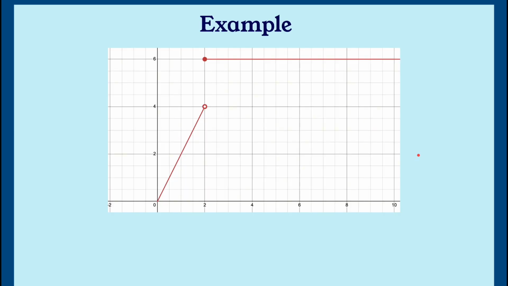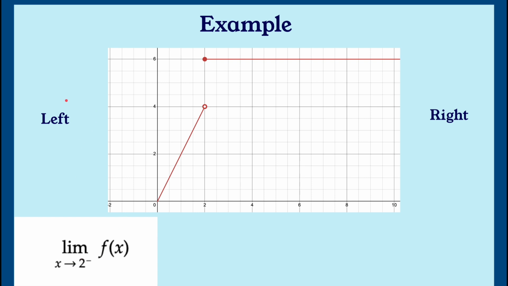Let's say I have the graph of a function f of x. This right here is the left side of the graph, and here is the right side of the graph. So if I were to ask you, what is the limit as x approaches 2 from the left of f of x? From the left, that's what the minus sign in the exponent denotes.